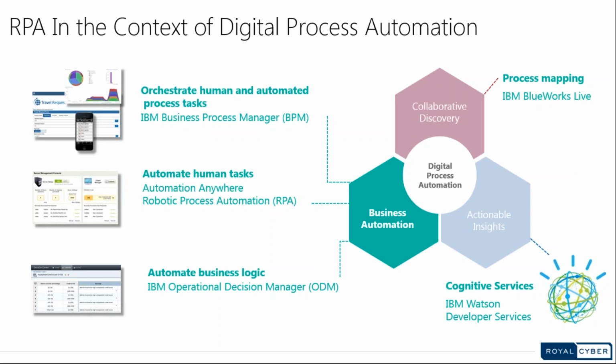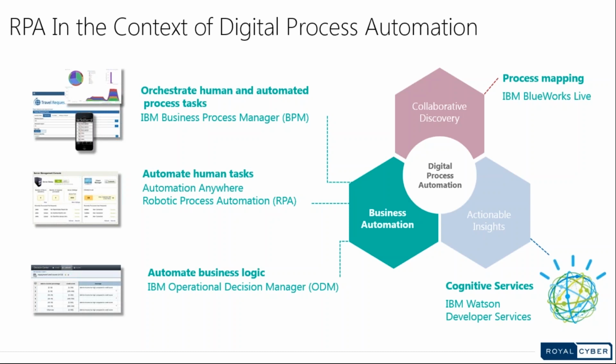This complements IBM's ODM, which automates decisions based on business logic implemented as rules that are defined and managed by business. Business rules can be maintained and scheduled in real time. ODM decisions provide the business with the agility to react to changes in the business requirement in real time.